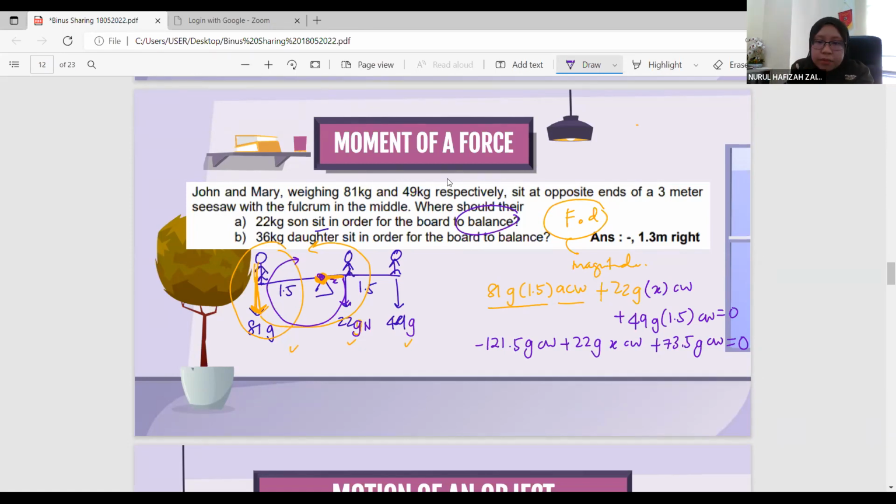So I have 22g x clockwise. Okay, I just put 22g. x is equal to 48g because we want to find x, where x is 2.15 meter. Okay. So 2.18.